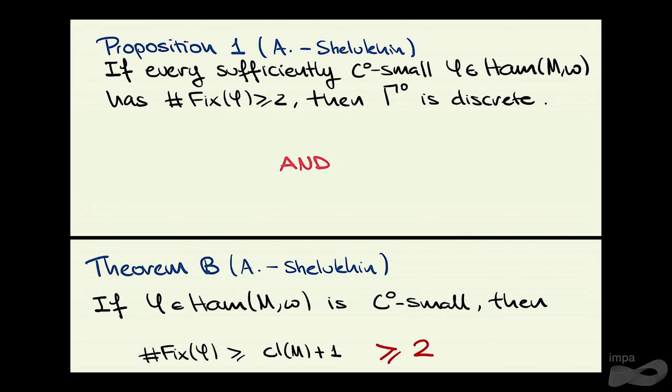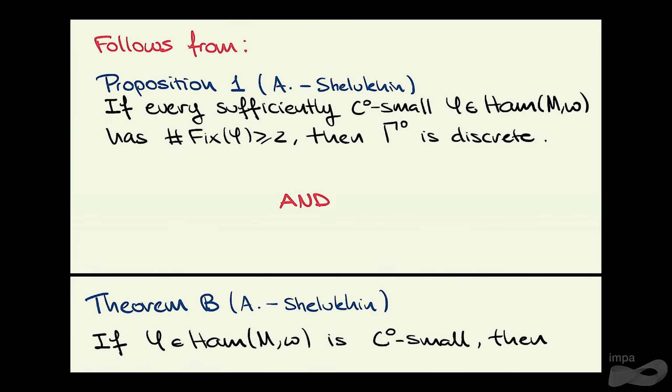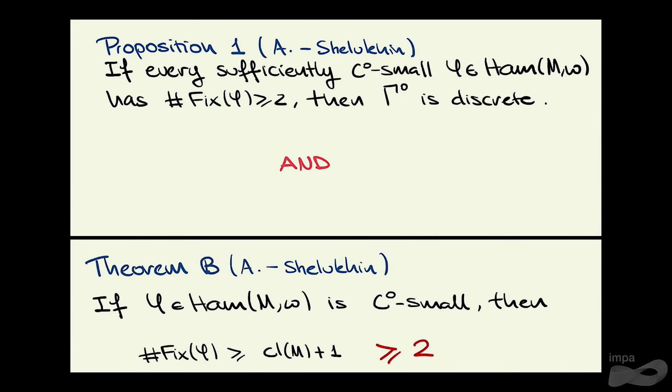So putting proposition 1 and proposition 2 together, that yields the discreteness of gamma 0. Here, just a quick remark. If we assume furthermore that phi is non-degenerate, we can get the stable Morse number here instead of cup length plus 1, but all we need is 2 for proposition 1.